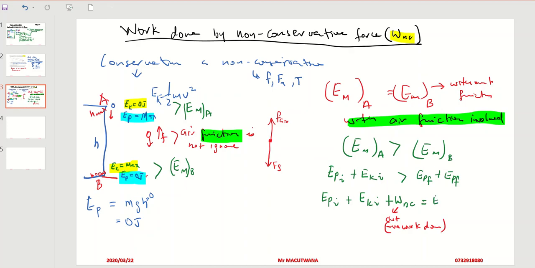So you can now take down EPF, remember, your P must be a small letter, I suppose, plus EK now. I made a mistake. Should be EP, EK. Let me correct this. So it should be EP, EK.